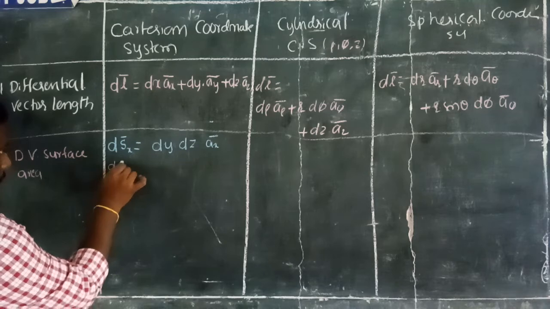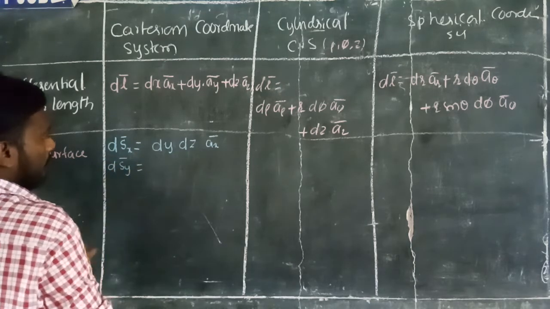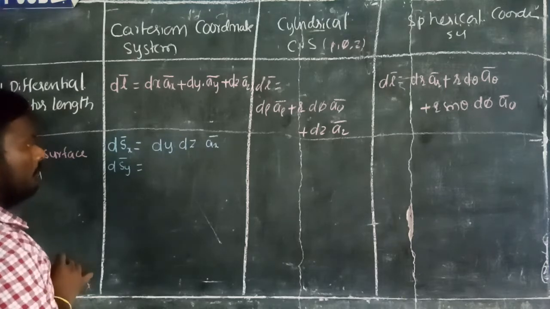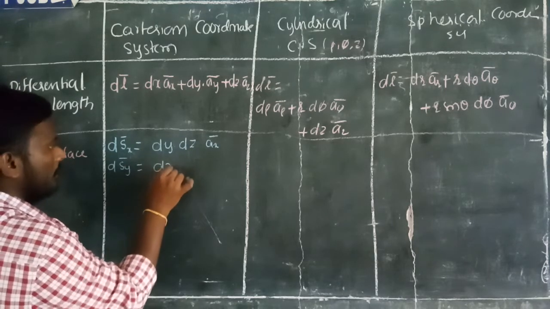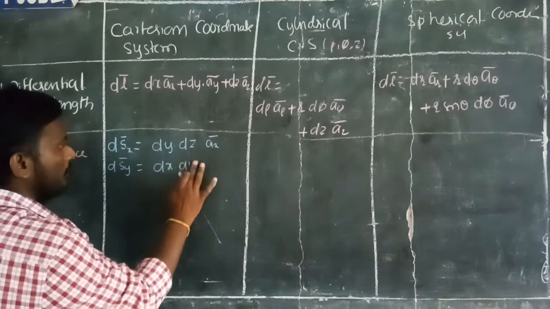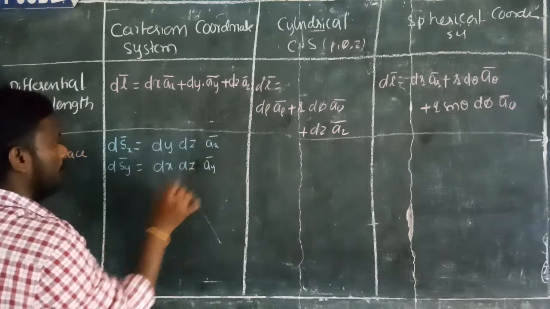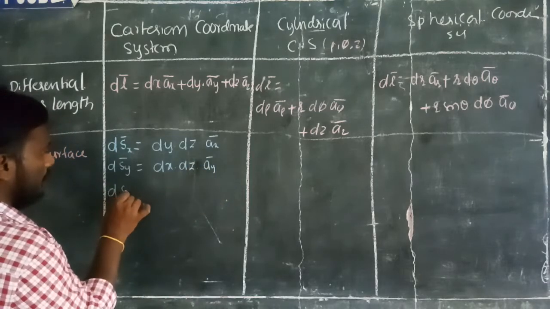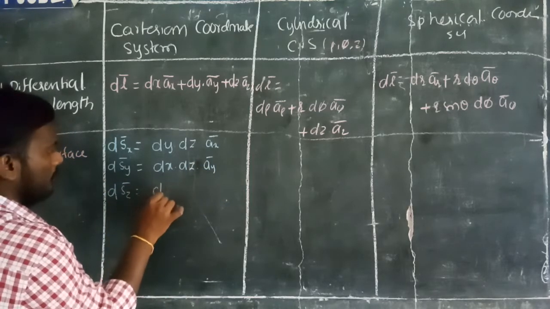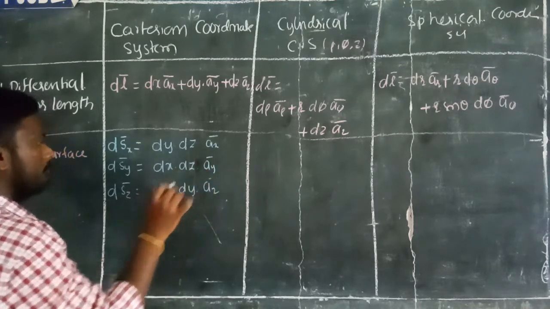Next, the differential surface area in the direction of the y axis is dz dx into ay bar. Similarly, ds z bar is equal to dx dy into az bar.